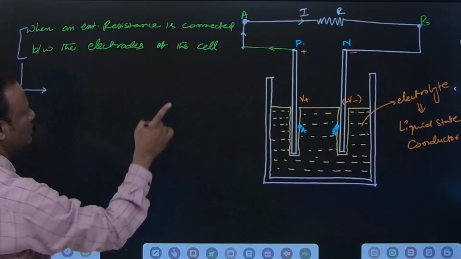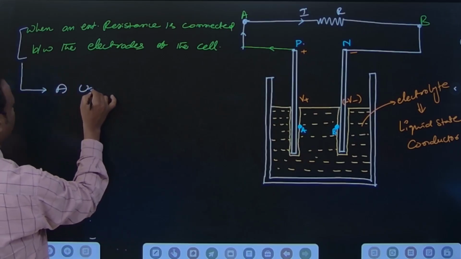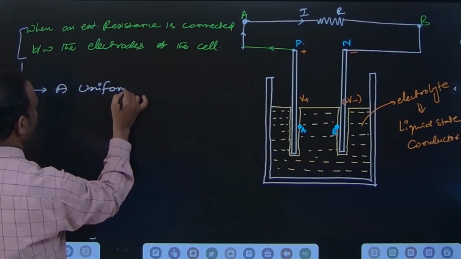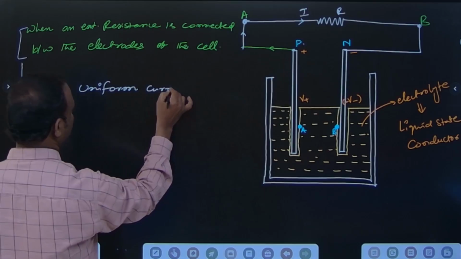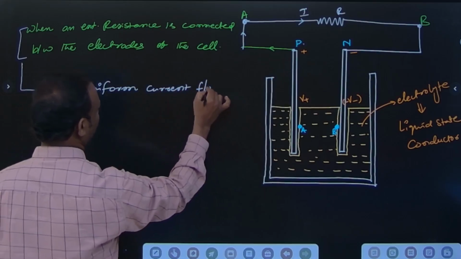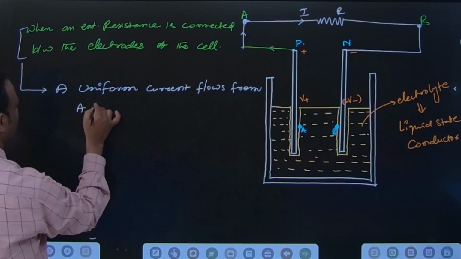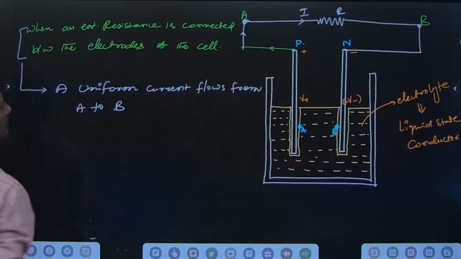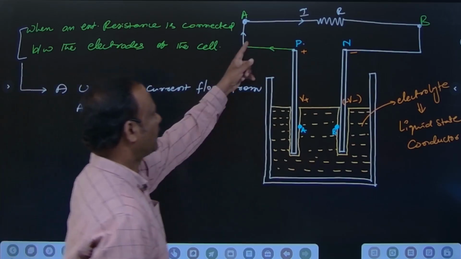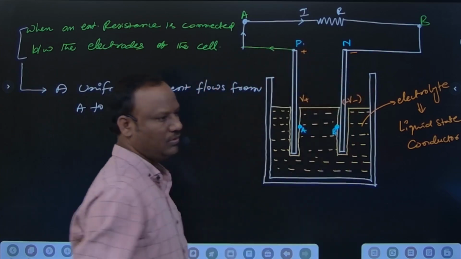Very first point: a uniform current flows from A to B. A uniform flow of current will be directed from A to B.